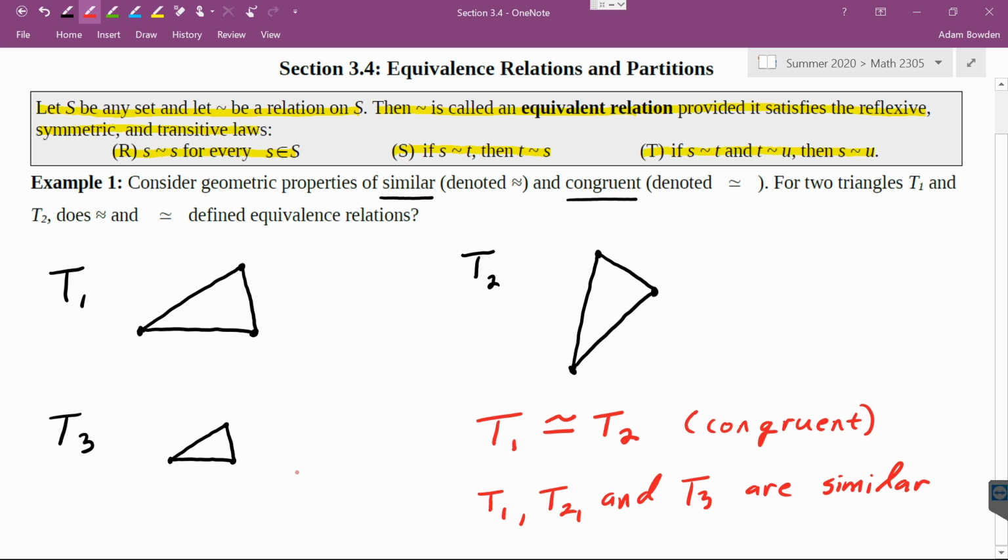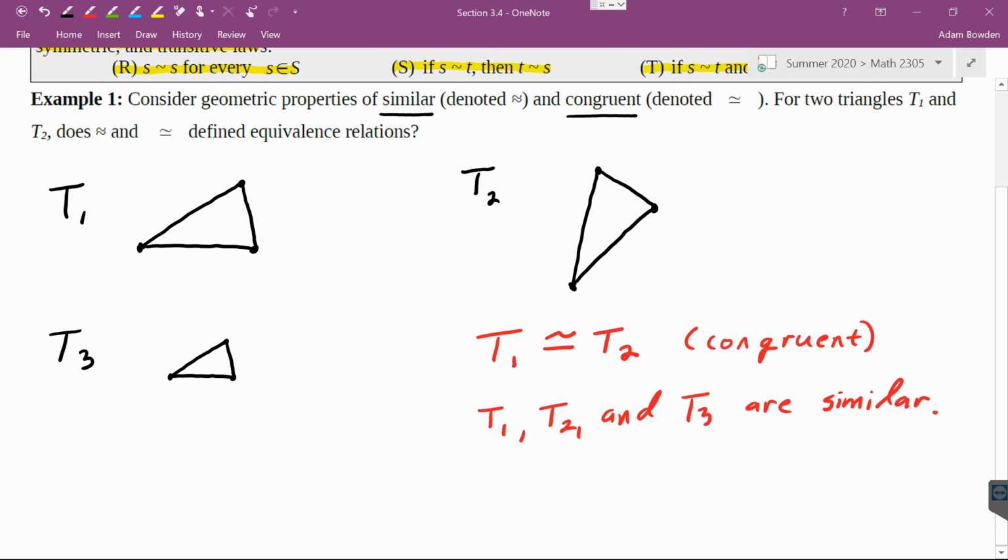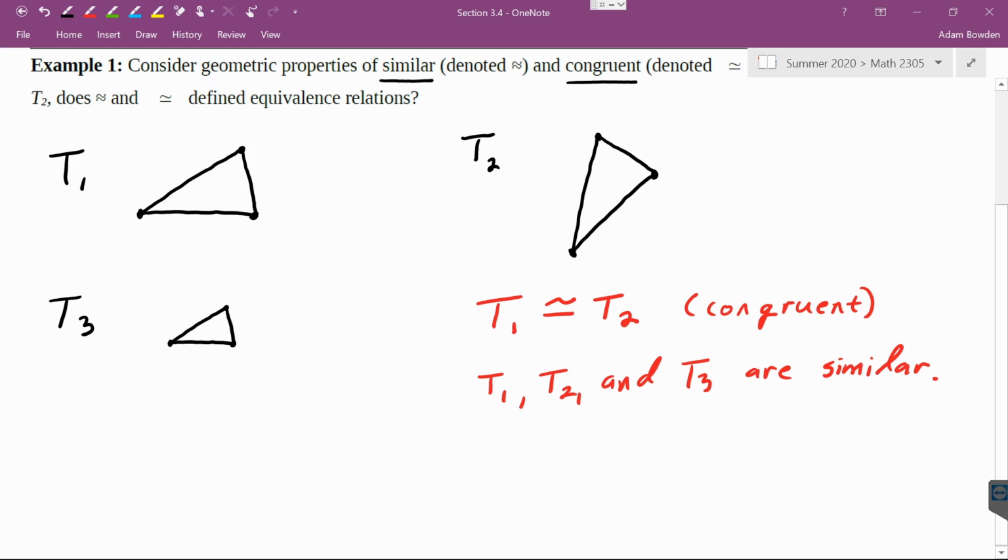By that I mean that corresponding angles are identical in all the triangles, so they're all similar, but only T1 and T2 are congruent. So what does this mean as a relation? Well, if we think about the property of reflexive, does it apply to the congruency or similarity of triangles?